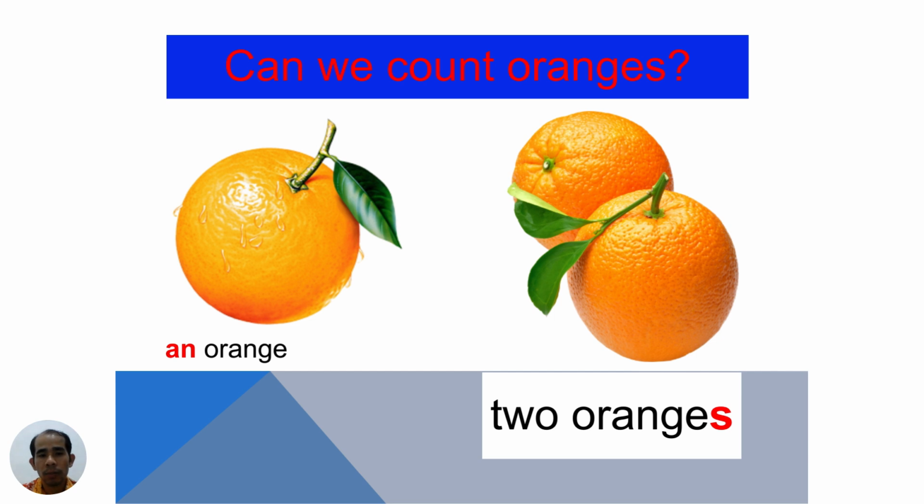Look at the example. Look at the picture. Can we count orange? Of course. In the singular form, an orange, but in the plural form, two oranges. Look at the red color. In the singular form we use an, but in the plural form we just add s or es.